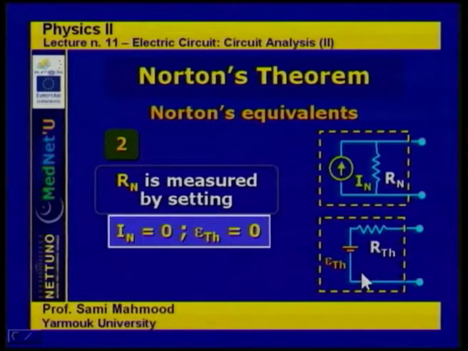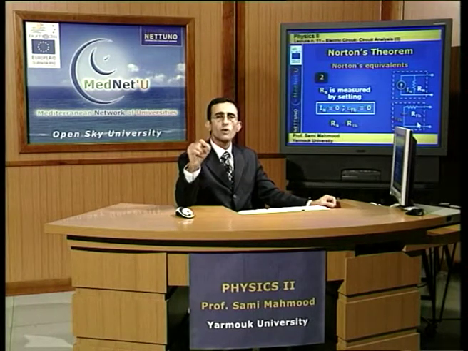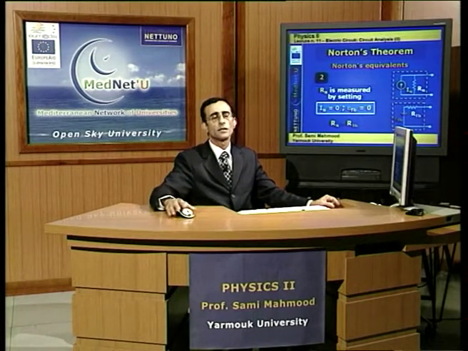And in Thevenin's equivalent circuit, we set epsilon Thevenin equal to 0. So if we set these and we look at the resistance in each case, then the resistance in the upper case is equal to the resistance in the lower case. The resistance in the upper case is simply Rn, and the resistance in the lower case, in Thevenin's case, is simply R Thevenin. So that means the Norton's equivalent resistance is equal to Thevenin's equivalent resistance.